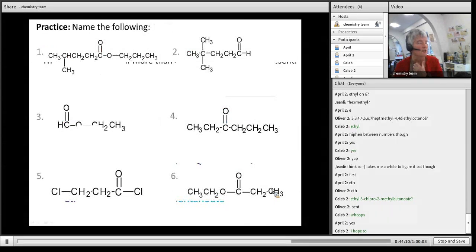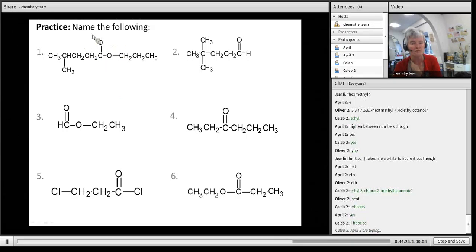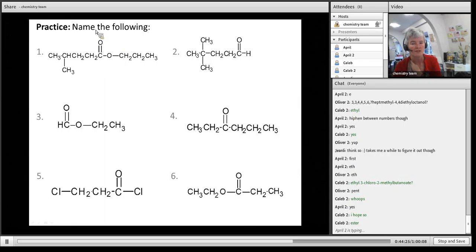Okay, so we don't have that much time, so I'm going to go through this very quickly, but if you look over here, what is the functional group of this compound? Ester. So what is the alkanoate part? The left part of that molecule or the right part of that molecule?